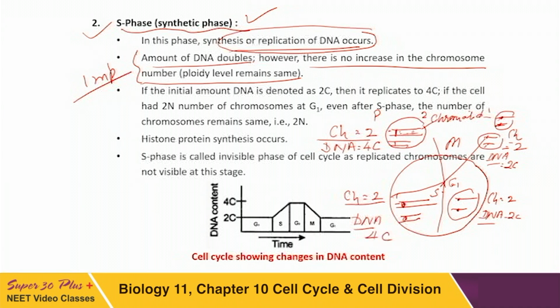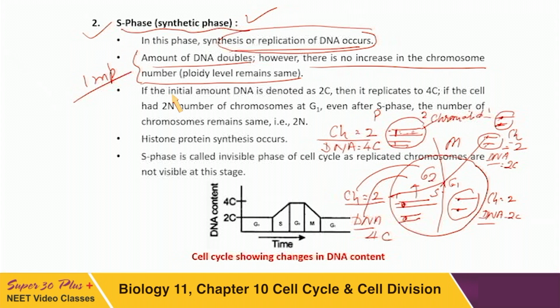The statement is: in G1, the number of chromosomes will be equal to the parent cell. But in S and after S, that is in G2, the number of chromosomes will be 2 and the amount of DNA will be 4C. The amount of DNA will be doubled here. You see now, very interesting.